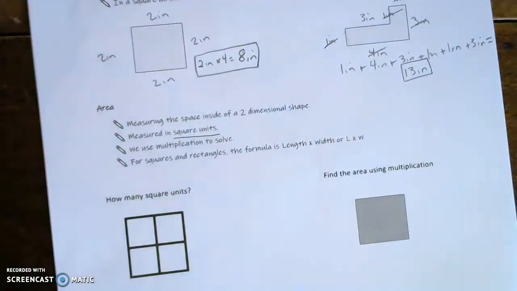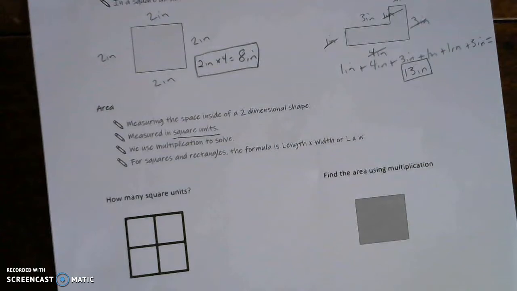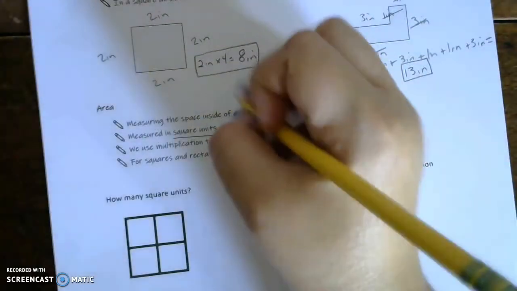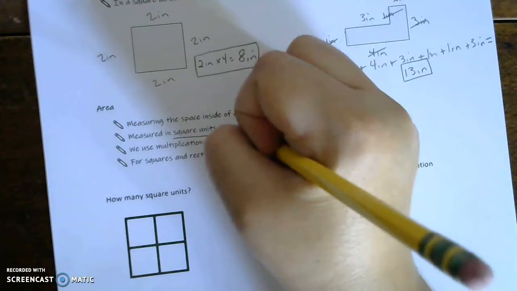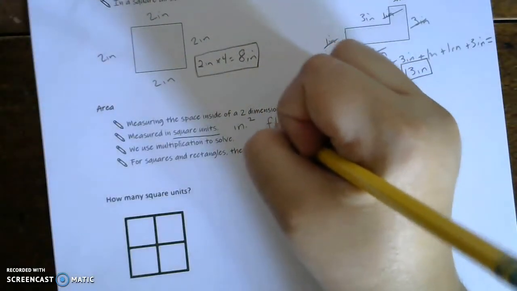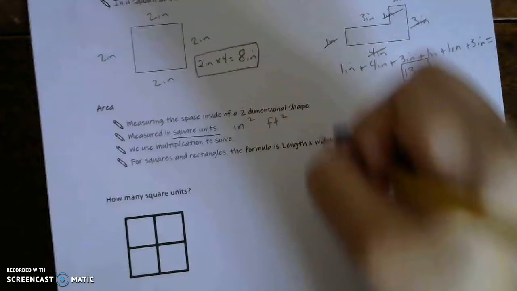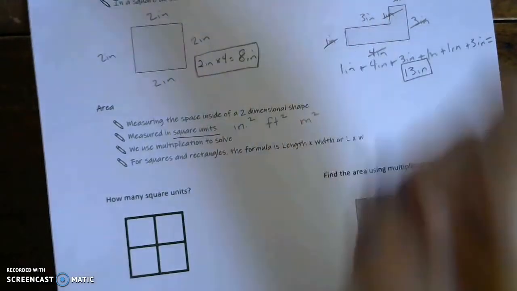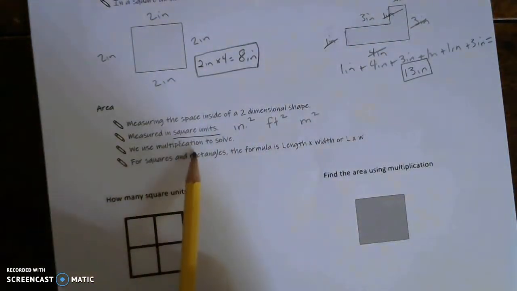So when you get your answer and it's in inches or feet or meters, it's going to look like this: inches squared or feet squared or meters squared.